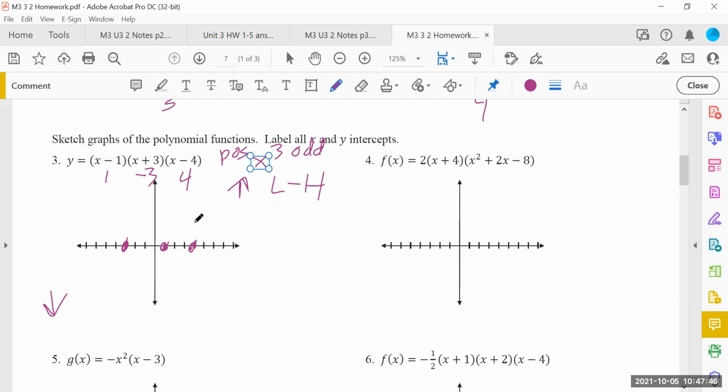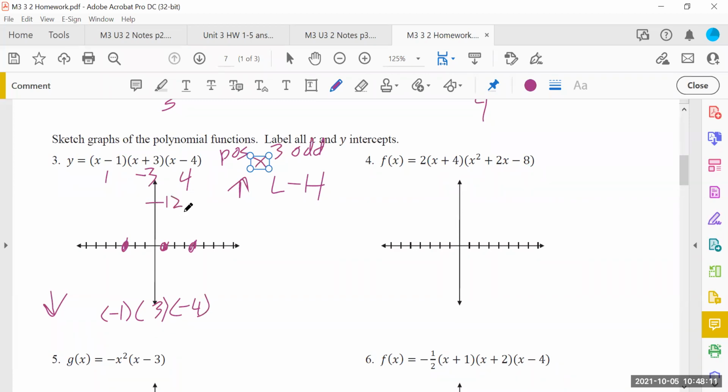And now I need my y-intercept. Joey, can you find us the y-intercept? Either tell us how to do it or just tell us what the answer is if you already know what it is. It is 12. We're putting 0 in here, so we end up with essentially negative 1 times 3 times negative 4, which is exactly what Joey said, 12.